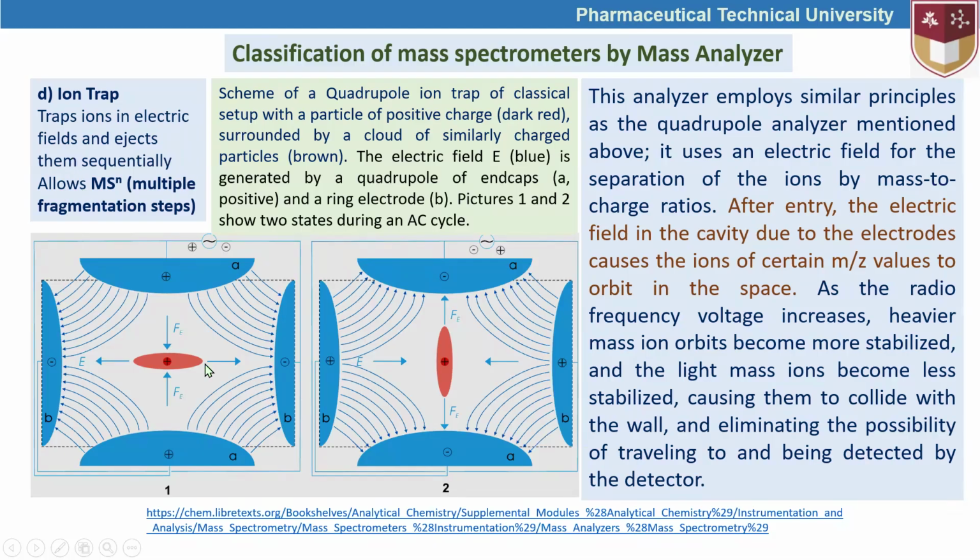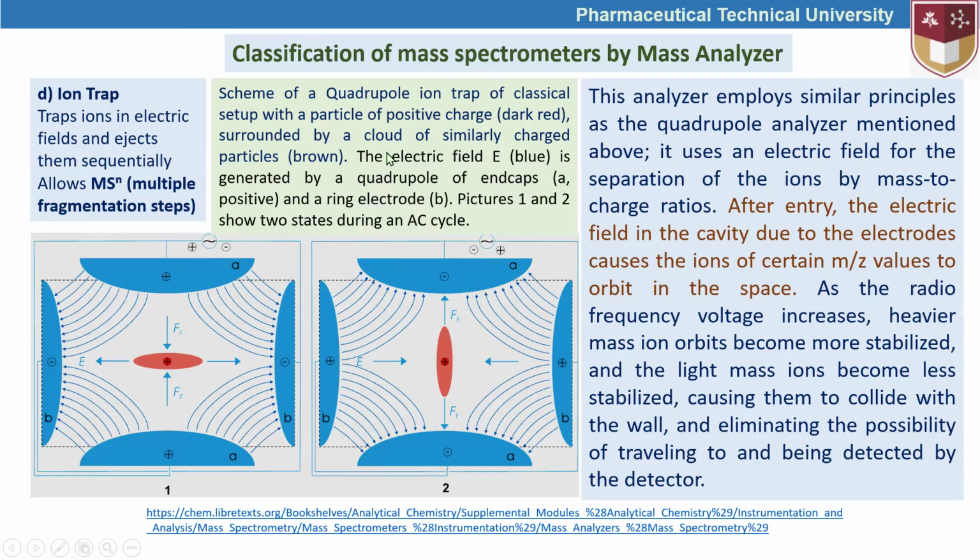We can consider this a part of the quadrupole, or it can be considered as a separate method or mass analyzer. The scheme of a quadrupole ion trap of classical setup with a particle of positive charge, dark red here, is surrounded by a cloud of similarly charged particles in brown color.